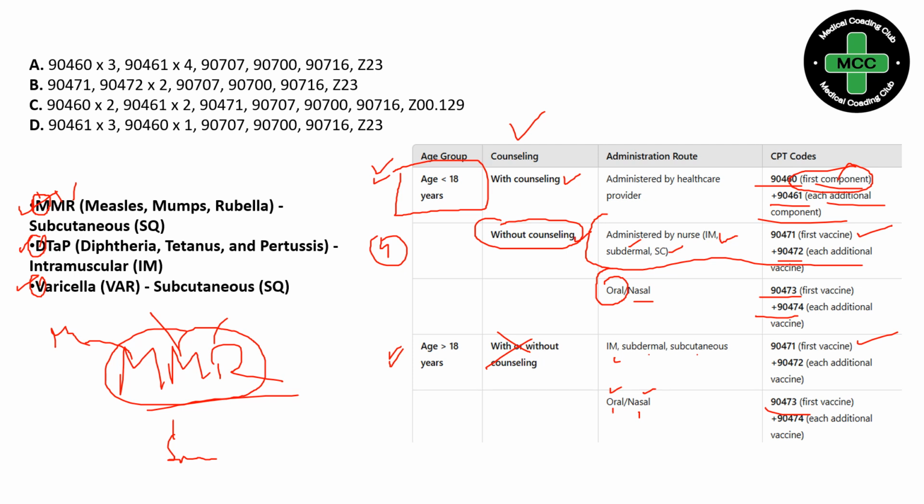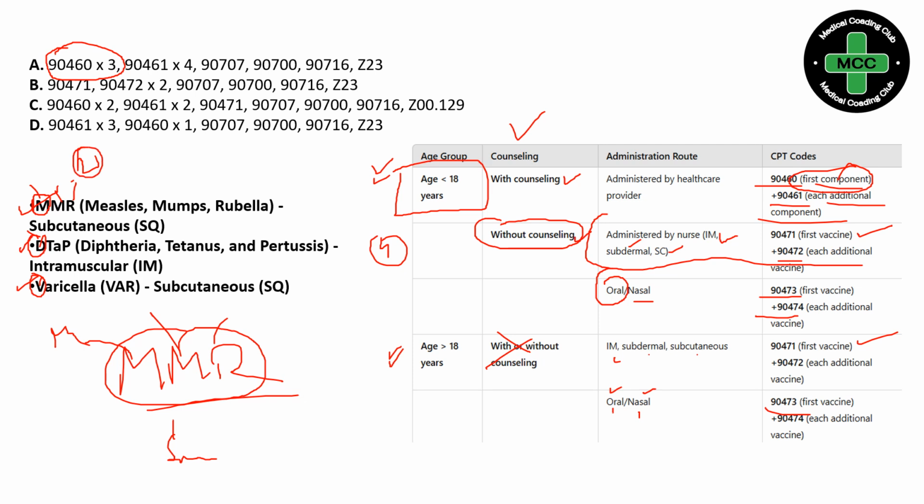So 1, 2, 3: all of these three initial components, I am going to give as units to my primary code 90460 with units 3. Now in our first vaccine, how many components are left out? Mumps and rubella are left out. So 2 components are left out in the initial vaccine.